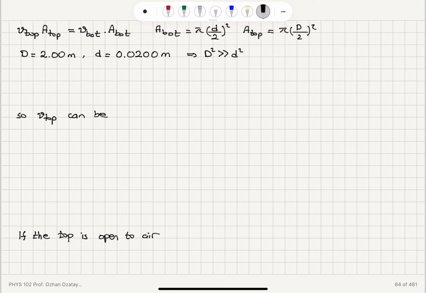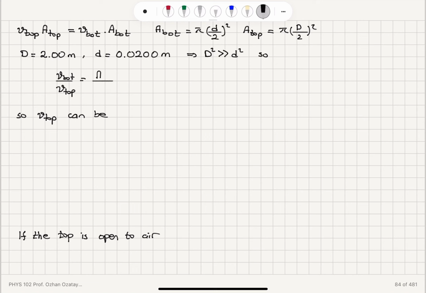So if you look at the ratio of the speeds, if I write v bottom divided by v top, according to this equation, the constant efflux rate, I have A top divided by A bottom.